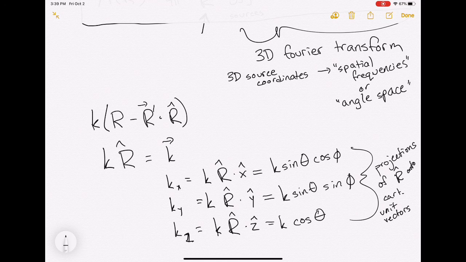We also refer to the sines and cosine part, but not the k, as direction cosines. For that reason.